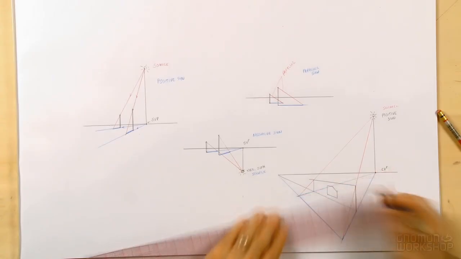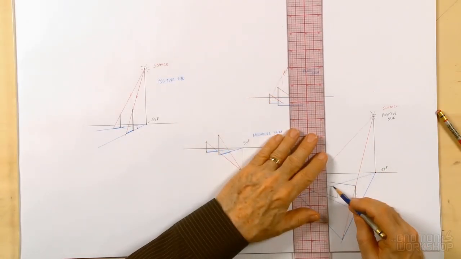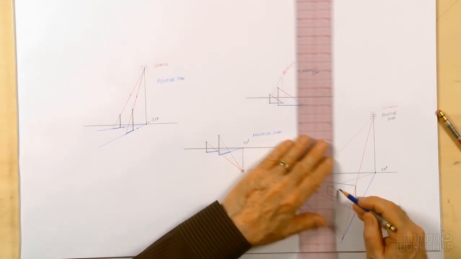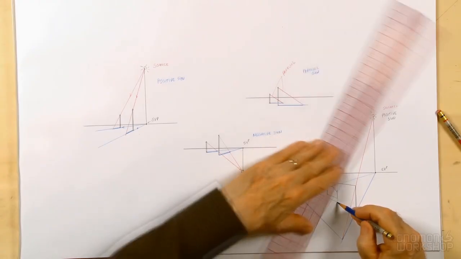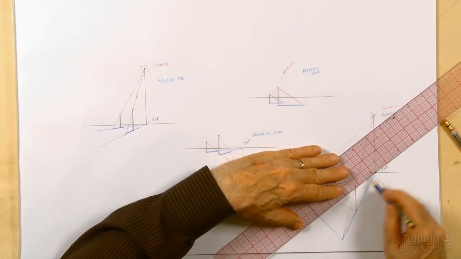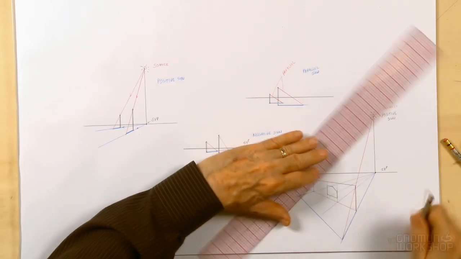Now let's find the shadow of this hole in the wall here. What I think I'll do here is make two blue lines that come down like this. And I'm going to draw through the base of those, treating those lines as if they were poles. Drawing through the base of that make-believe pole and through the base of this make-believe pole.